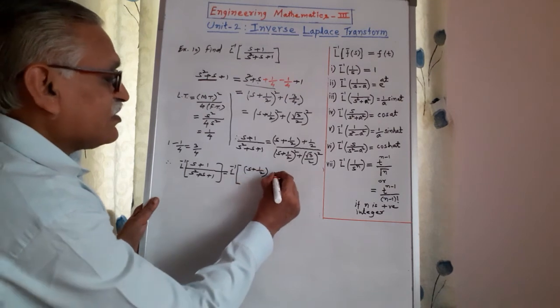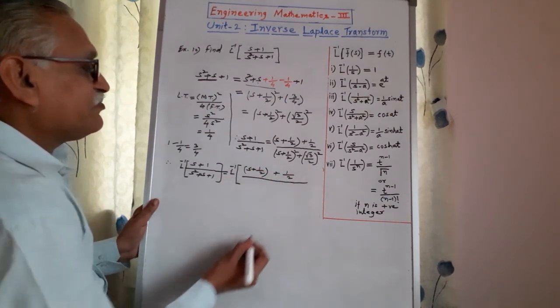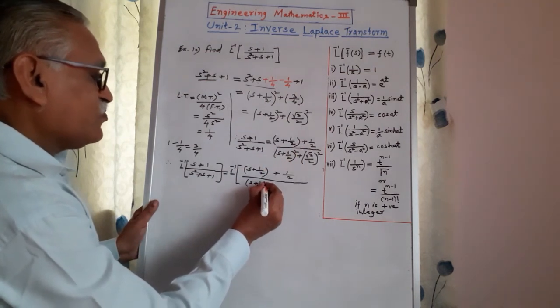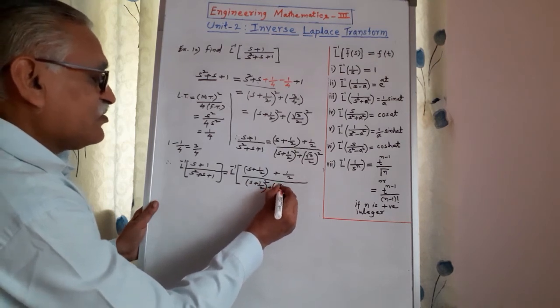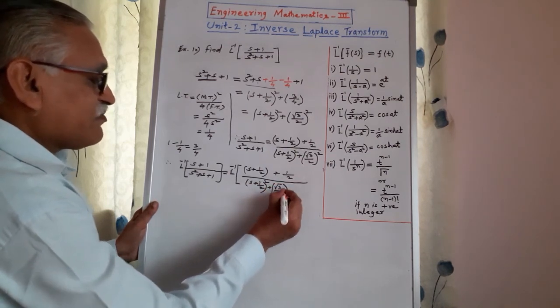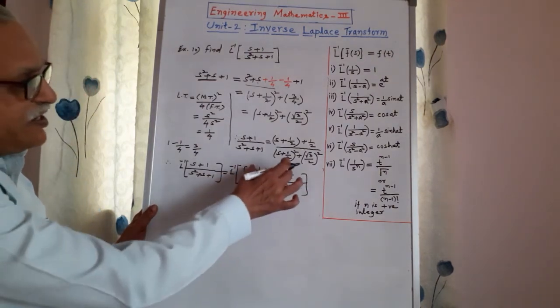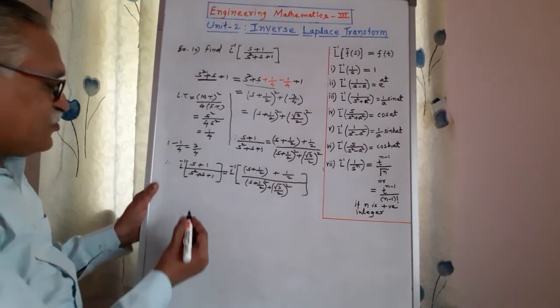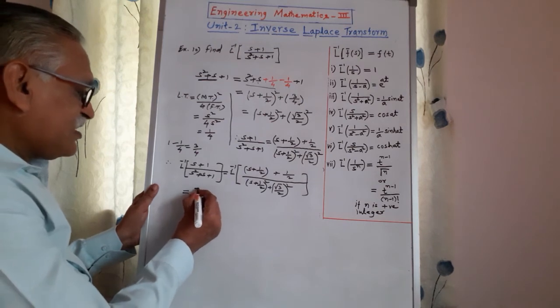First is s plus 1 by 2 divided by s plus 1 by 2 square plus root 3 by 2 square. Okay, we take a separate division, this divided by this and this divided by this, and then find two separate inverses.